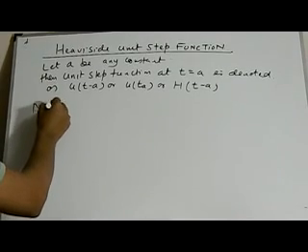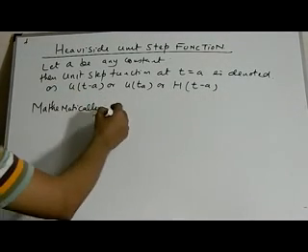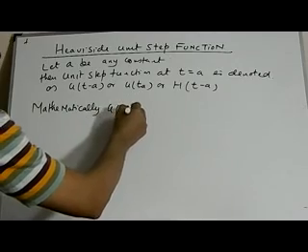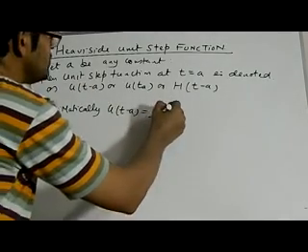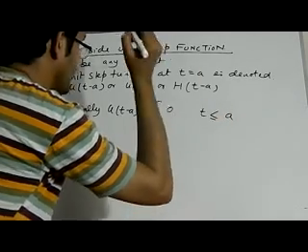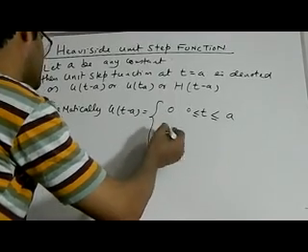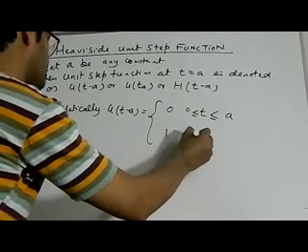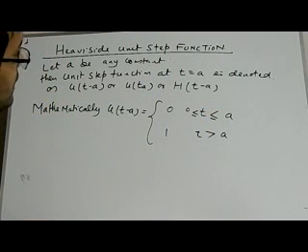Mathematically, we define u(t minus a) as 0 when t is less than or equal to a, and it is 1 when t is bigger than a. This is the way of defining the Heaviside unit step function.